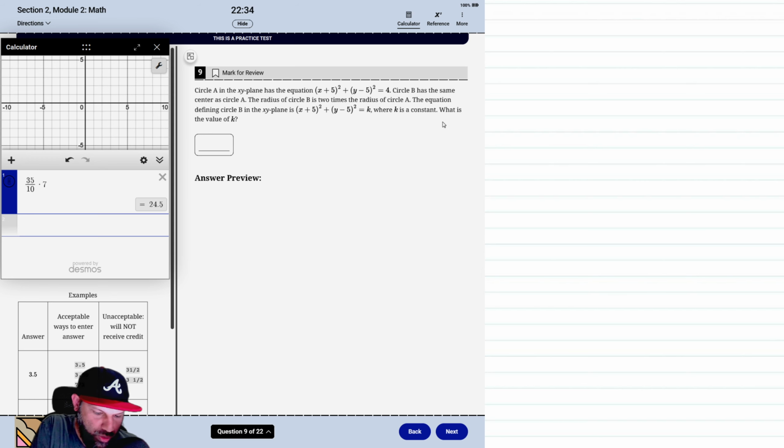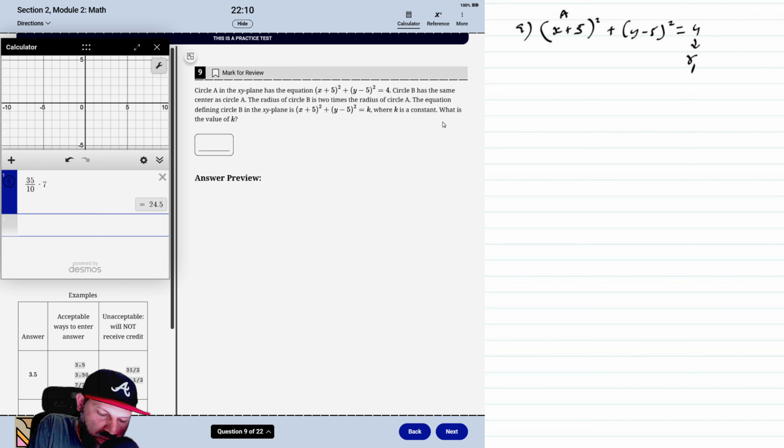Okay, so for A, the equation of the circle is x plus 5 the whole square plus y minus 5 the whole square equals 4. And so this 4 represents the radius of circle A squared.